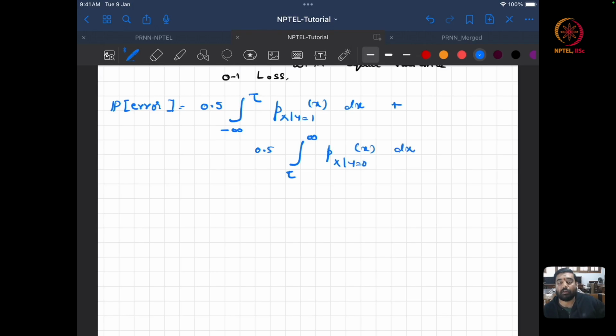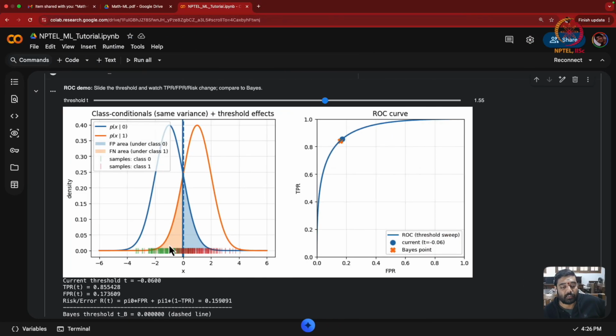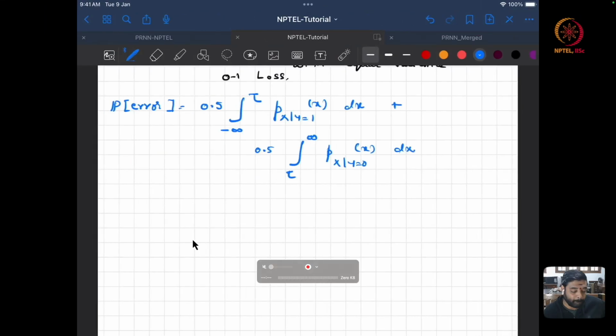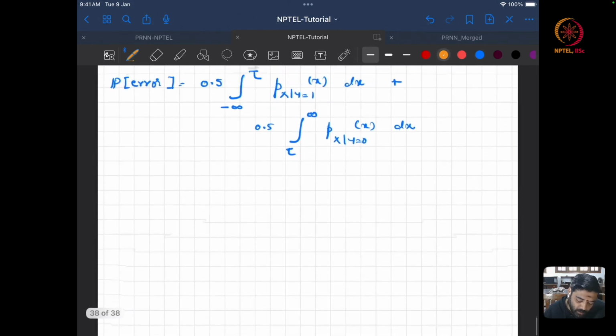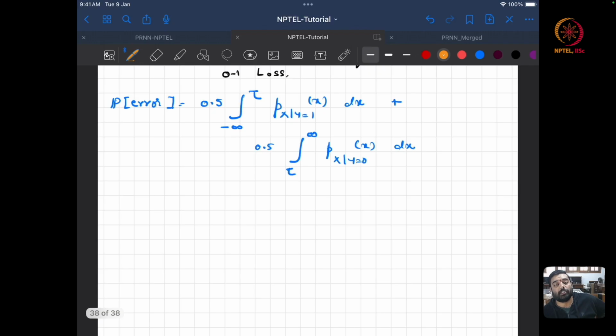Again, I just want to reiterate this. The orange that you are seeing is class 1. You can see what the risk is: this area and this area, that's what you are considering. Now you can easily compute this.